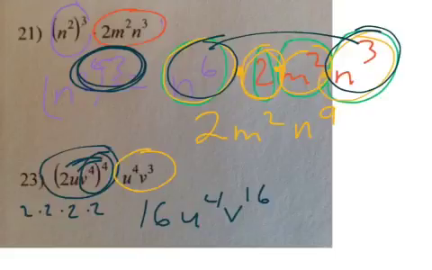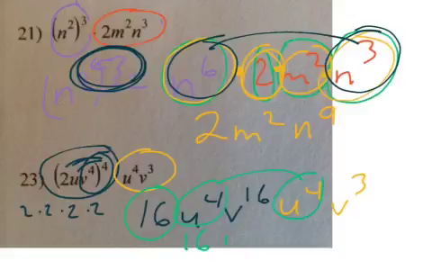Now, I'm just going to quickly write down what's left right there. u^4, v^3. Now, remember again, everything is multiplying together. So, 16 is the only coefficient, so my solution will have 16. The u^4 and the other u^4, multiplying together, we add, so it's u^8.